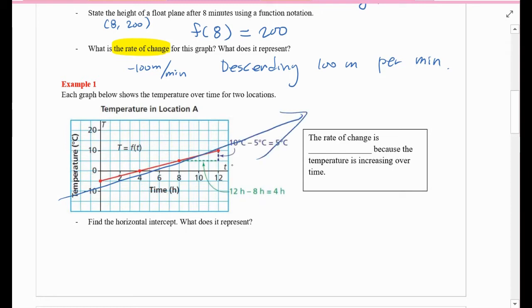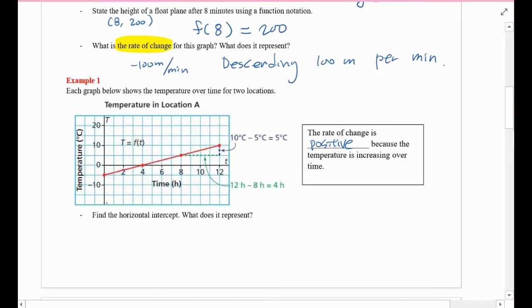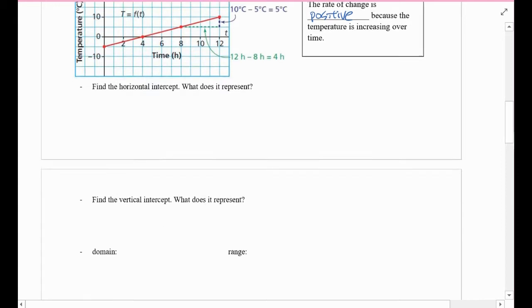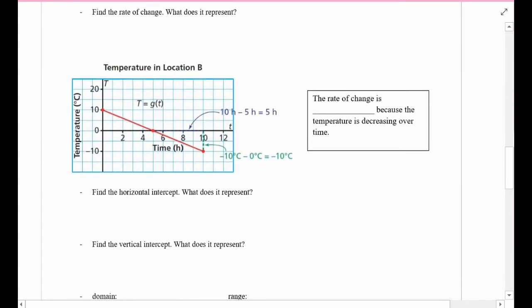So before we calculate the rate of change, we can see that the rate of change is positive because the temperature is increasing. But what about this one? Is it an increasing graph or a decreasing graph? It's going down. Therefore, the rate of change is negative because the temperature is decreasing over time. All right?